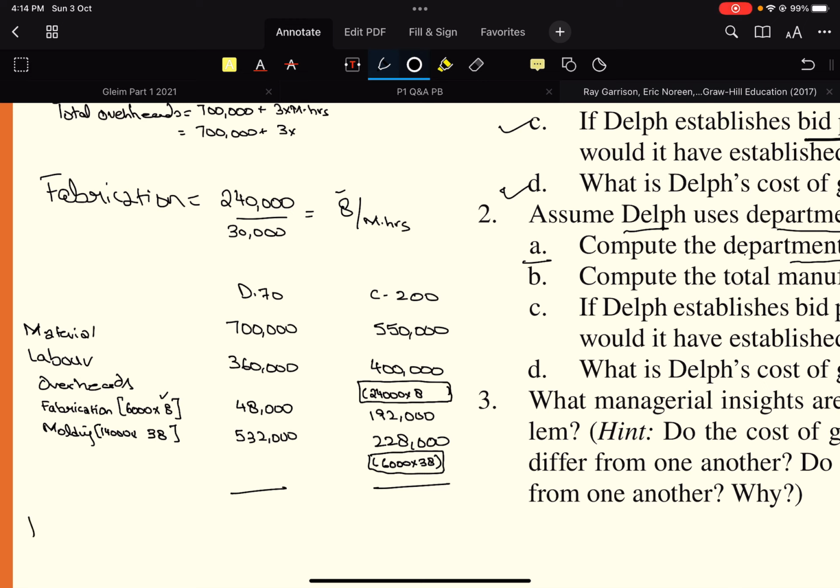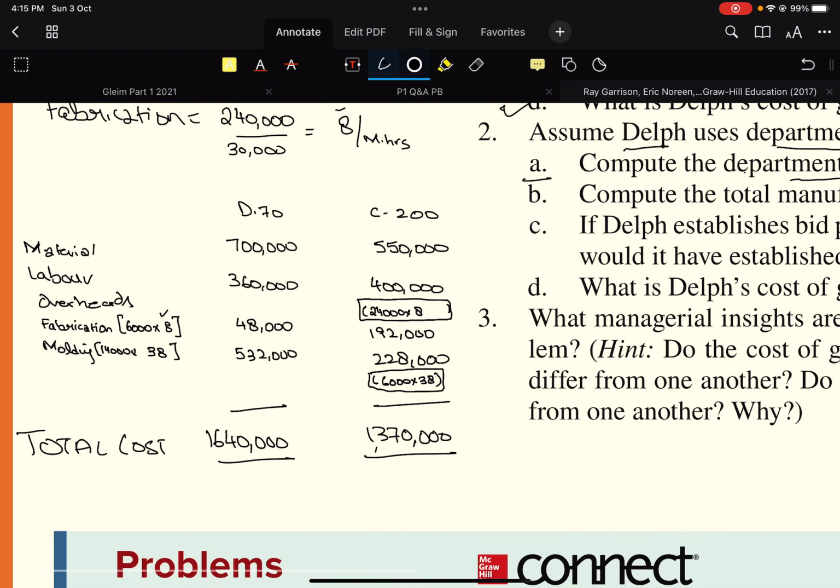Total cost is equal to 1,640,000 and 1,370,000. First step.